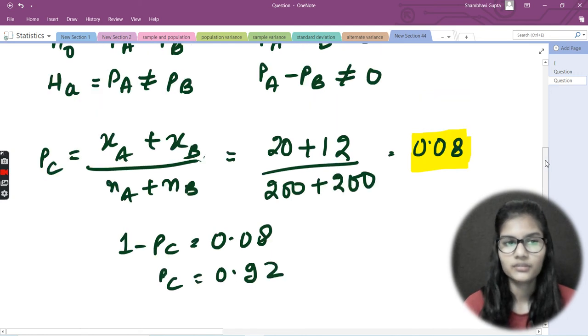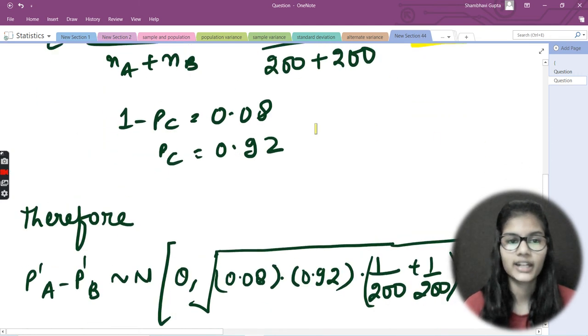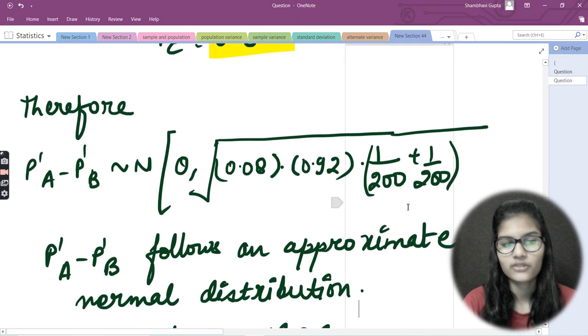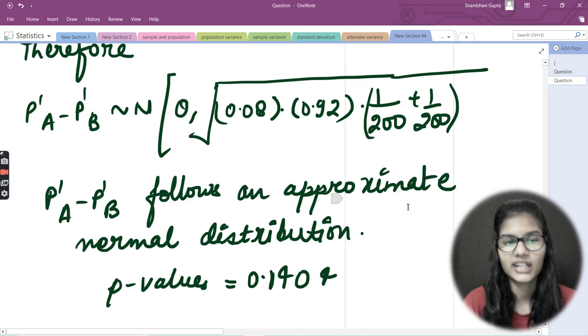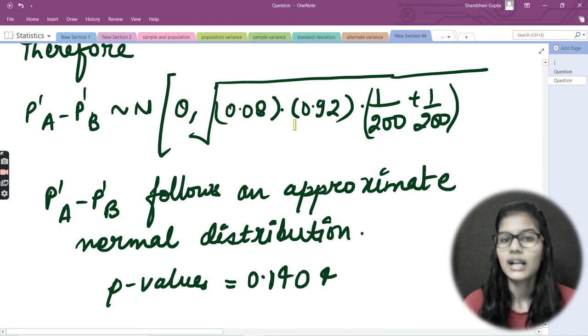After that, we needed to find 1 minus PC. In that case, 1 minus PC was 0.92. Then we applied the next formula, for P dash A minus P dash B, which is approximately equal to N. Here comes the 0. Then we had 0.08, that is my PC, and 0.92, the multiplication of both of these.